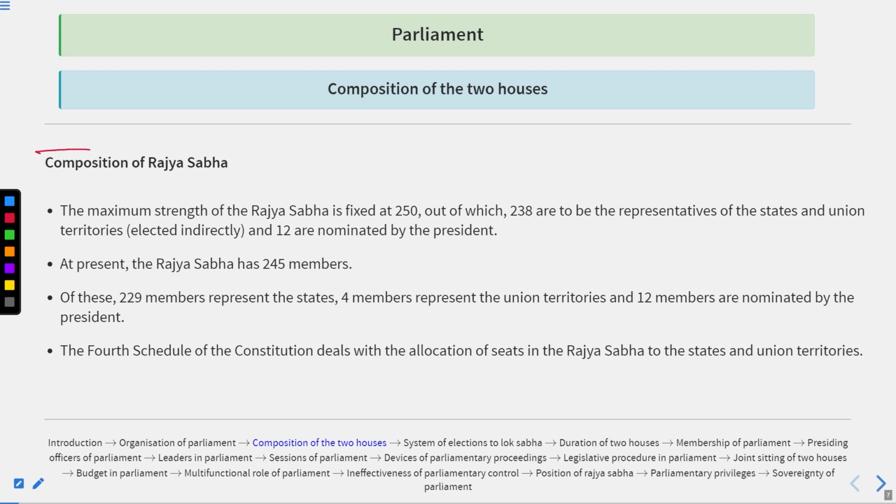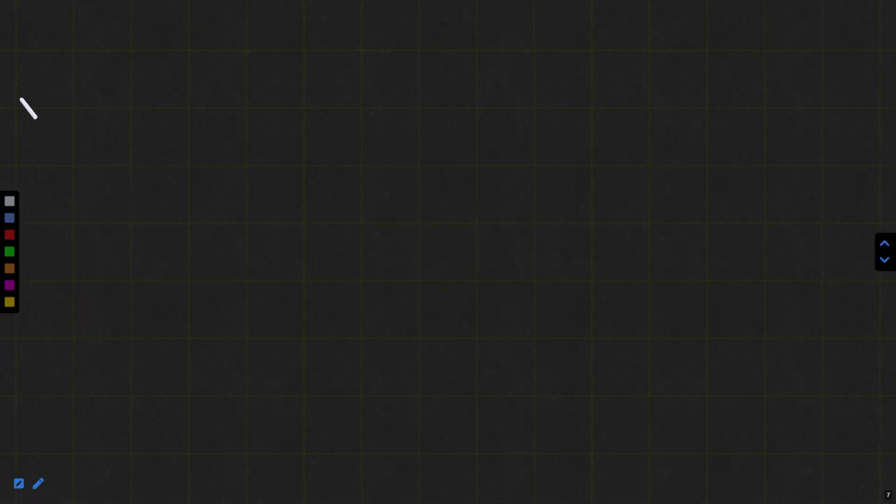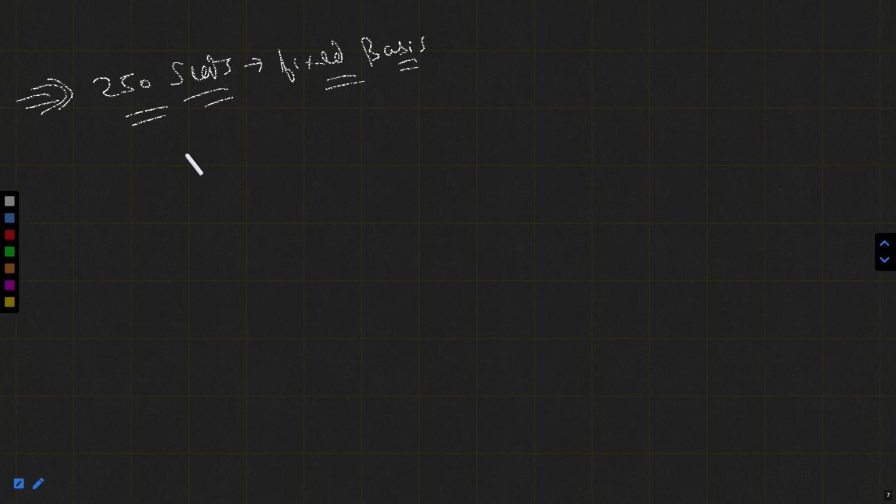In the previous lecture we had started and finished the composition of Rajya Sabha. In Rajya Sabha we have 250 seats on a fixed basis. There is a division into election seats and nomination seats.